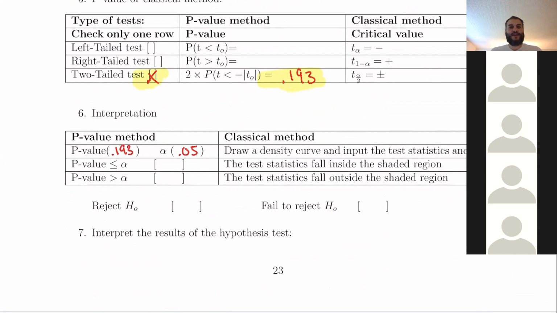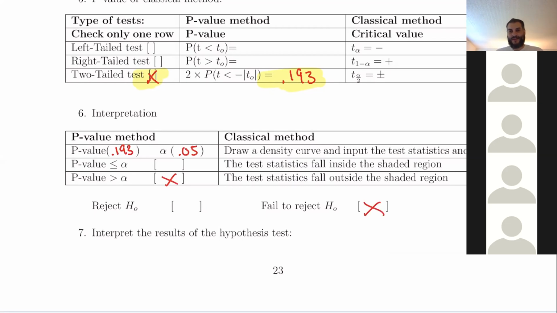So in this scenario, which of the two will be bigger, my p-value or my alpha? Yeah, p, perfect. Since the p-value is bigger than my alpha, the difference that we have is not a significant difference. So you want to go to fail to reject.